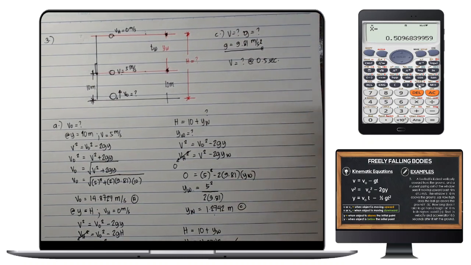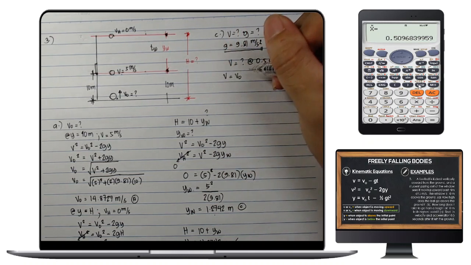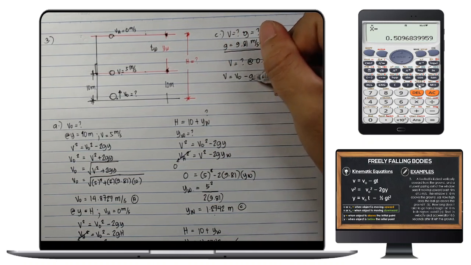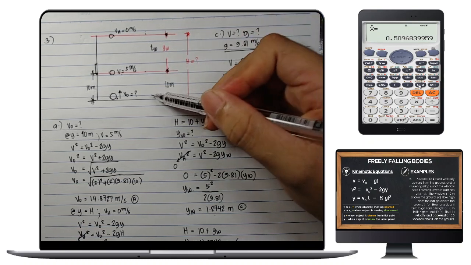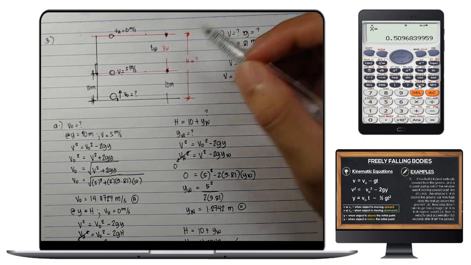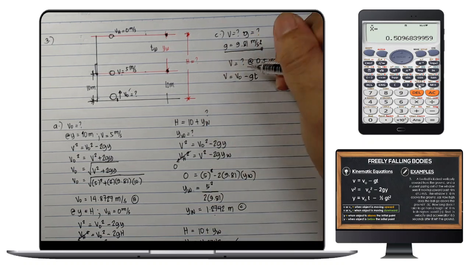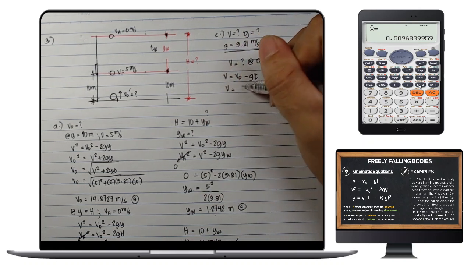So, solve lang natin yan. Direct substitution. So, we can use v is equal to vo minus gt. So, bakit v sub o yung using this equation? Since ang reference natin is from the ground, so we'll be using this v sub o, which is sinolve natin kanina. So, from this equation, v is equal to vo.